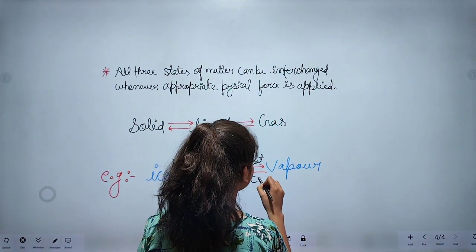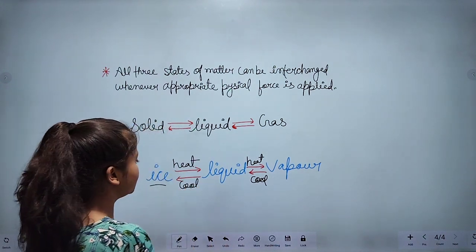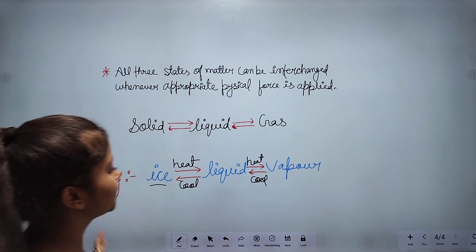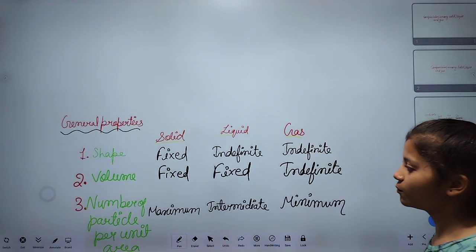And if it is cooled, then it turns into liquid, and if it is cooled, then it turns into ice. Okay, so these are the examples of how all three states of matter can be interchanged with the appropriate physical force.